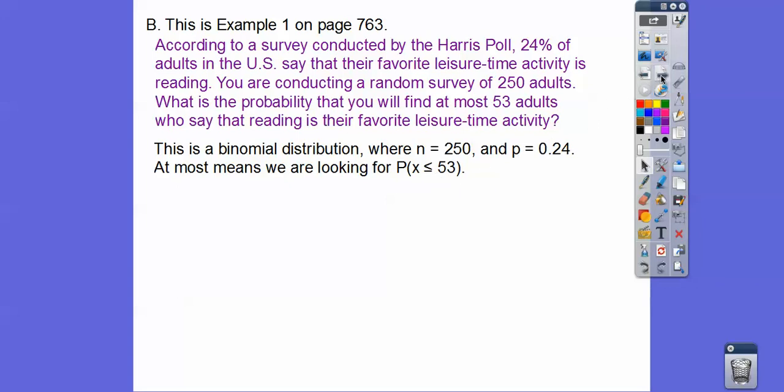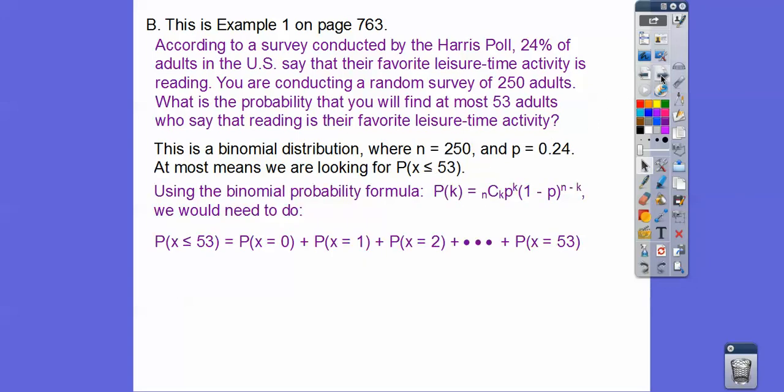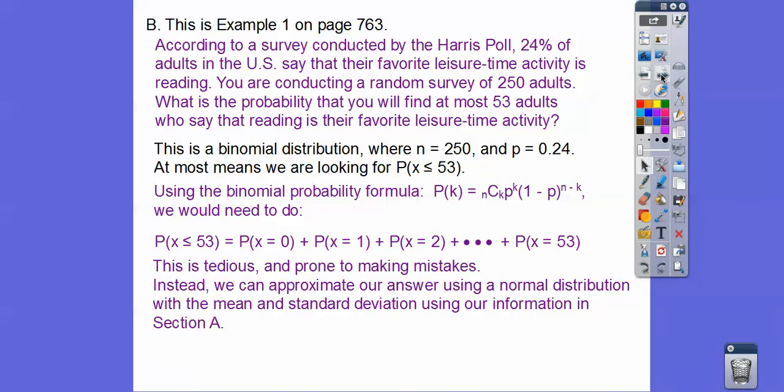The binomial probability formula gives this. The probability that x is less than or equal to 53 would be the probability x equals 0, plus x equals 1, plus x equals 2, all the way up to x equals 53. Get out your calculators and go. I'm just kidding, that would take you too long, and we're prone to make mistakes.